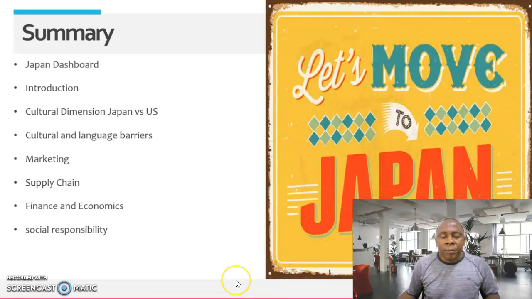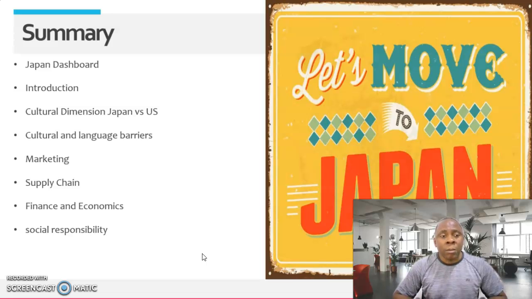So in summary, on the Japan dashboard we have reviewed, we have looked at the cultural dimensions of Japan versus the US. We can see there are a lot of differences, and even in the cultural barrier there are a lot of barriers, but those barriers can be overcome by training or by interpreters.